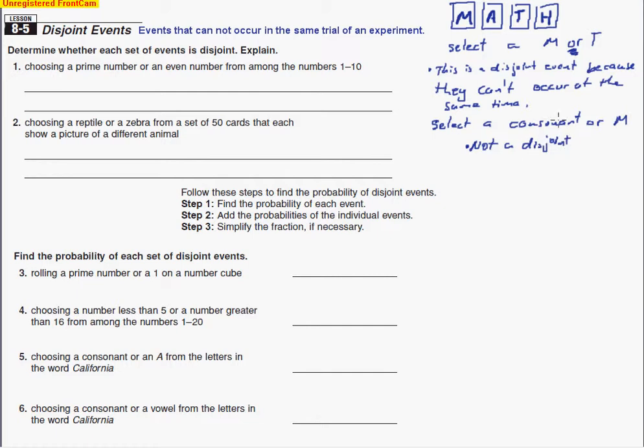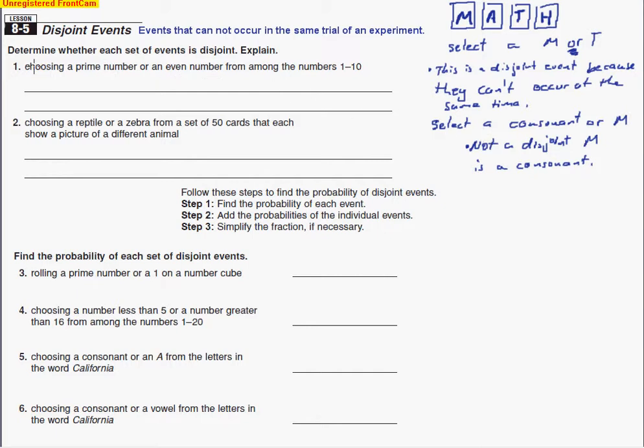These two things are together. A consonant is M. M is a consonant. So it's not disjoint because they occur together. And we'll see that in these next few examples.